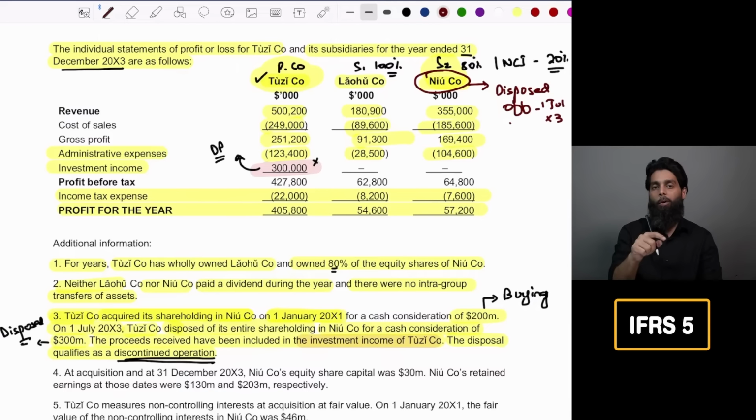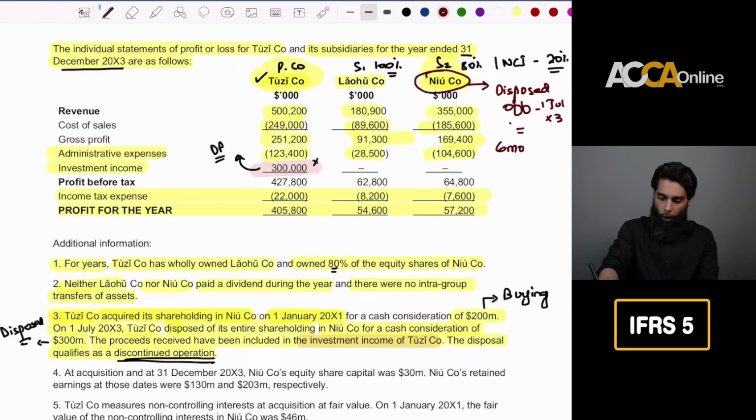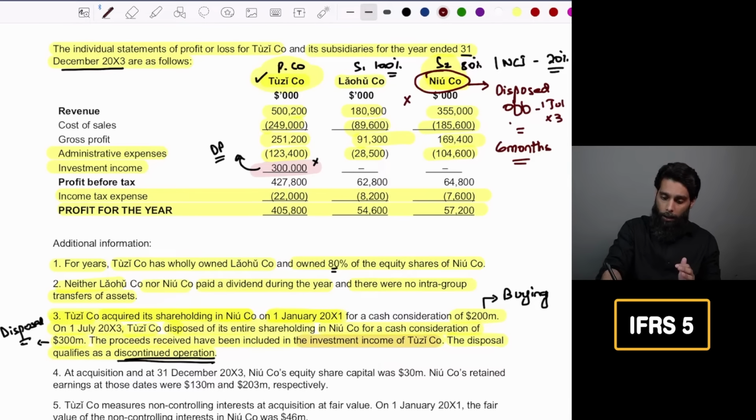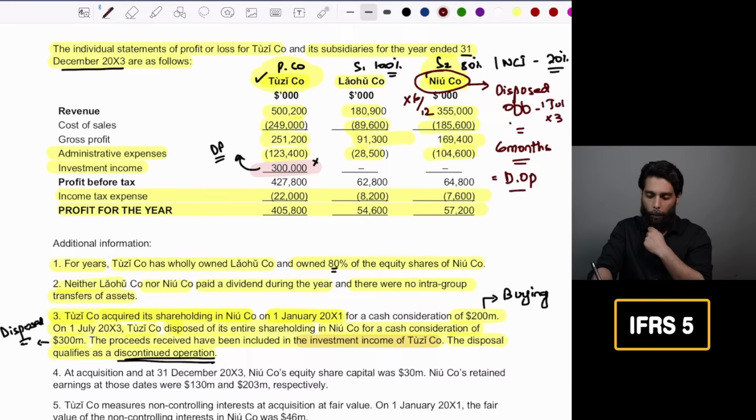And if it was disposed of on 1st July X3, then this means only 6 months of consolidation or 6 months of working can be done. So everything that you see here should be 6 by 12, first of all. Make sense? Done. And the other thing is that it qualifies as a discontinued operation.